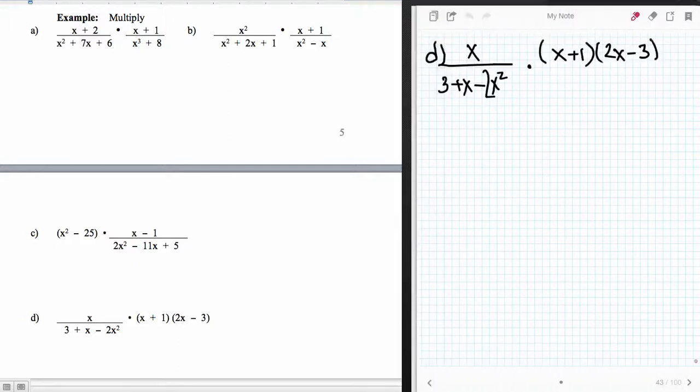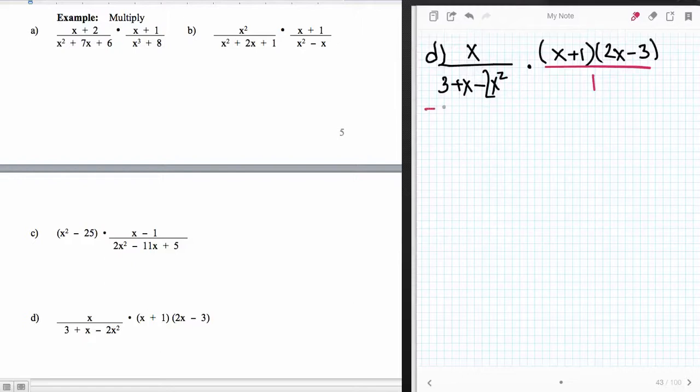Moving on to part D, again, pardon me, we're going to put this over a 1, and from there we're going to go ahead and factor. So we're going to put this in as a negative out of here because this is my leading coefficient, or should be my leading coefficient.